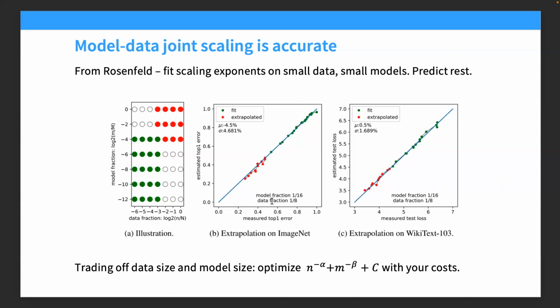People identified this phenomenon for ImageNet, an object detection problem, and also for WikiText, another NLP text data set, where they observe the same phenomenon. So you can trade off your data size and model size with this formula to estimate the loss given your current data size and model size.